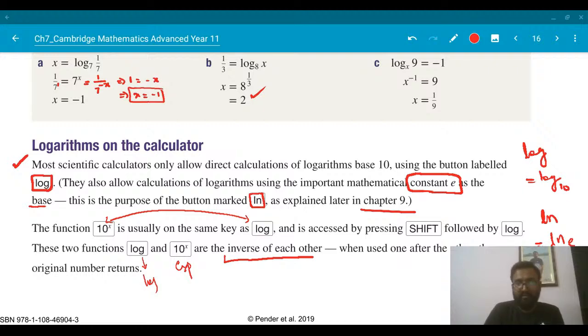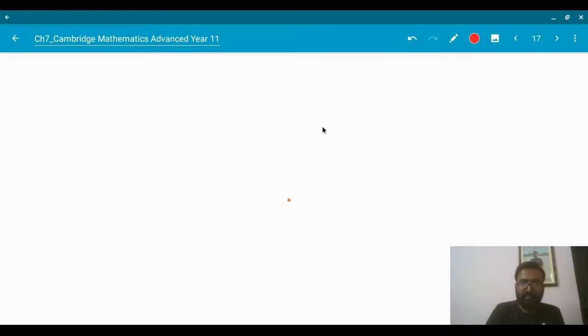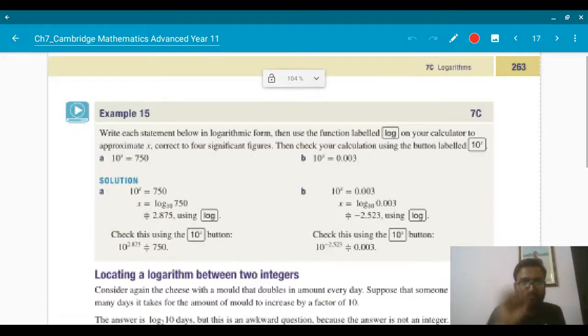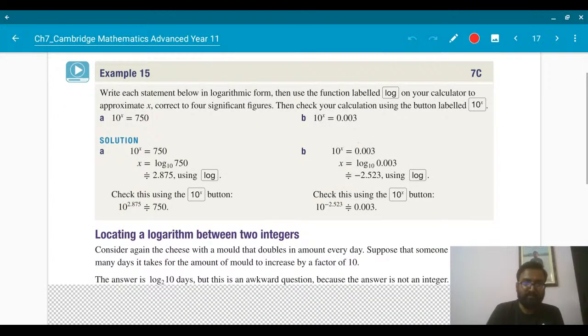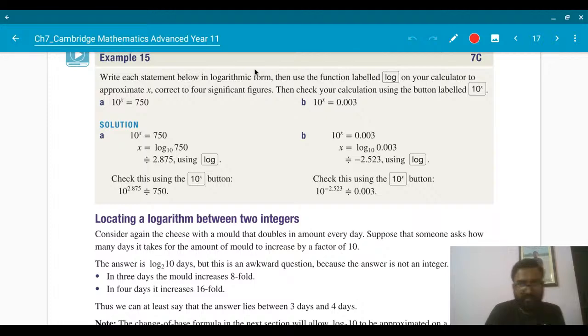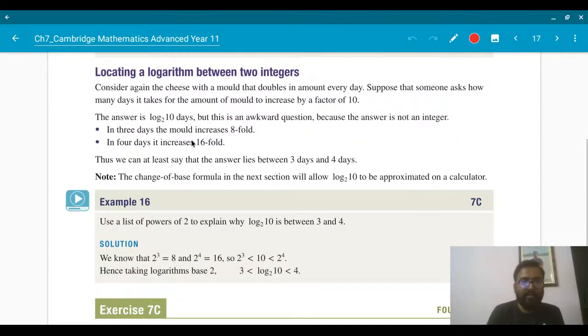Okay, I'm getting back to the main topic here. So this is a way of understanding using a scientific calculator. Now getting back. So this is an example of locating the logarithm between two integers. It is a simple application. How can we identify it?